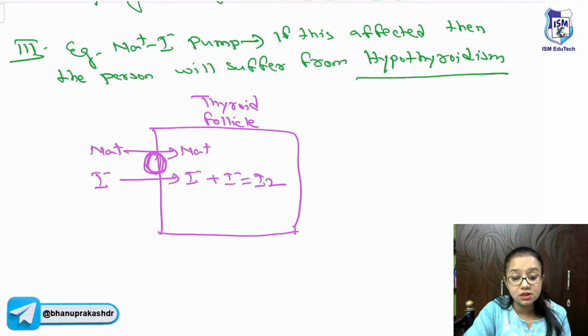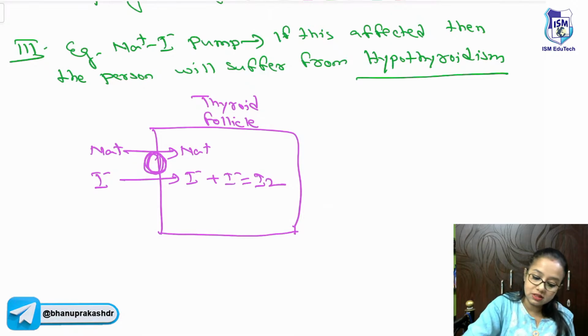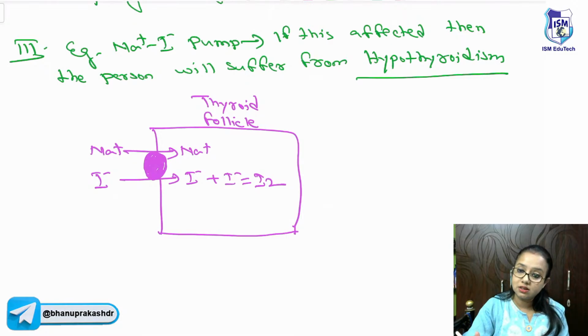Now this iodine will be used to synthesize the thyroid hormone. So if this pump is mutated, if there is any defect in this pump, this transportation will not happen. So the concentration of iodide will be inadequate. So iodine will also be less and less in quantity. So without iodine, how can there be formation of thyroid hormone? So eventually the person will suffer from hypothyroidism.